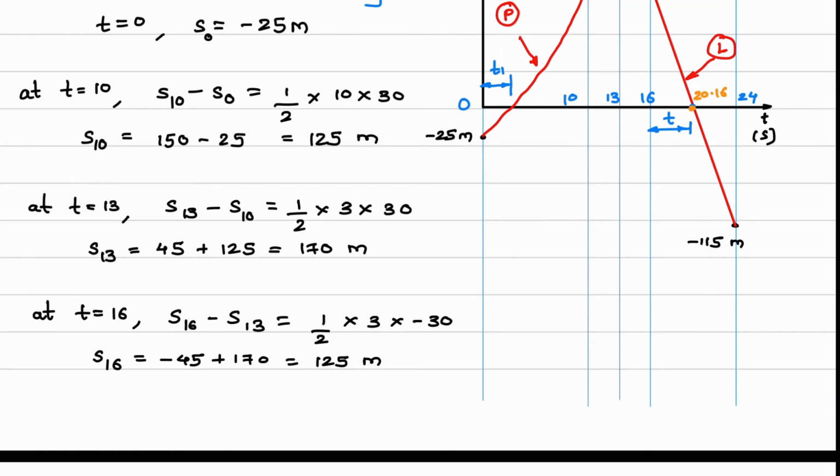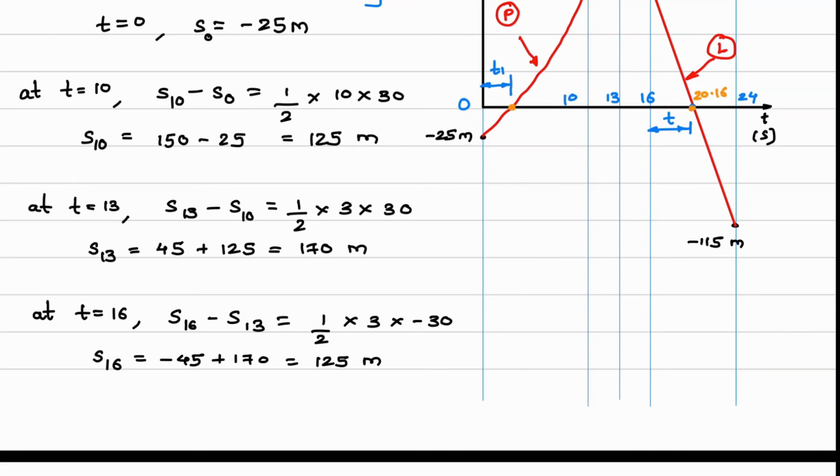Now we'll move on to this point. What is the time to reach from minus 25 to 0 displacement? How to calculate that? Again we will use that change in displacement is the area under the VT diagram. What is the change in displacement here? ST1 minus S0 is equal to the area under VT.